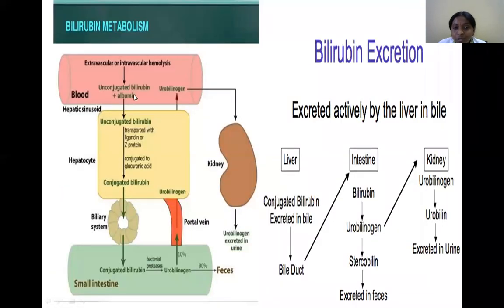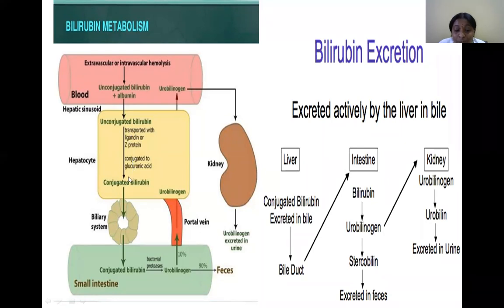This bilirubin binds with albumin, forming the bilirubin-albumin complex, which enters the hepatocyte and binds with cytoplasmic proteins like ligandin. Here it is conjugated with glucuronic acid, forming conjugated bilirubin.